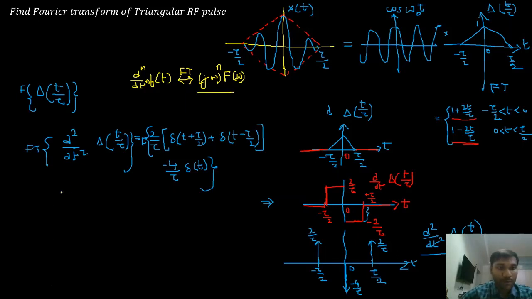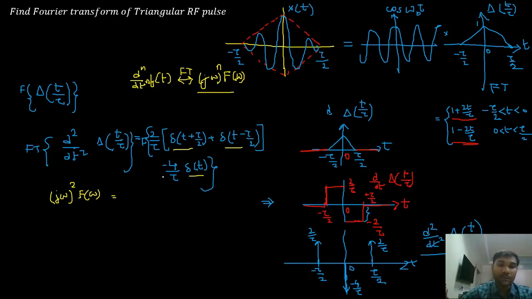So what will happen? (j omega) square into F of omega is equal to, on the right hand side we have impulse functions. We have 3 impulse functions.